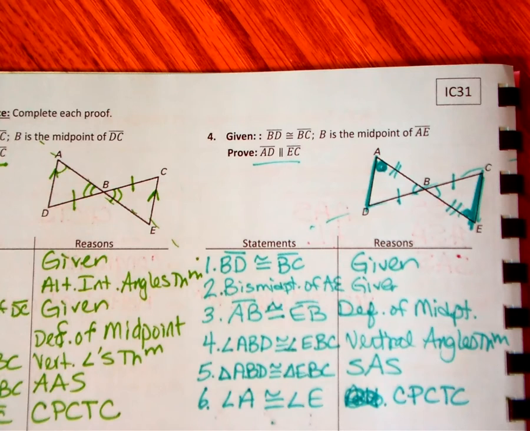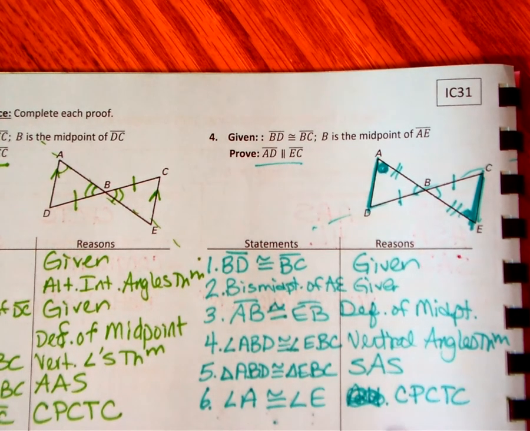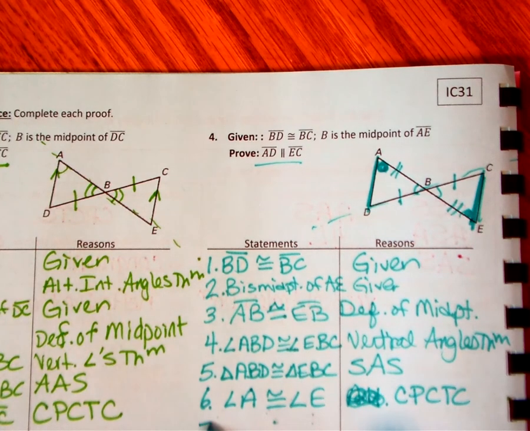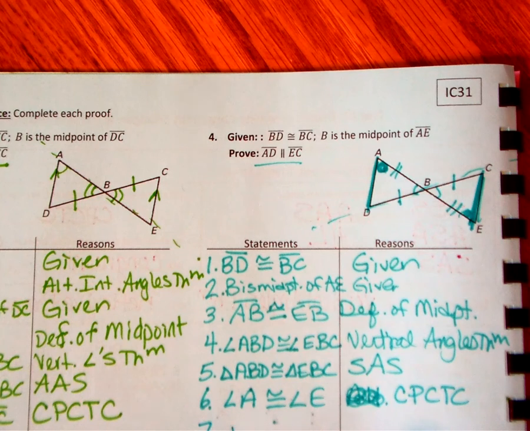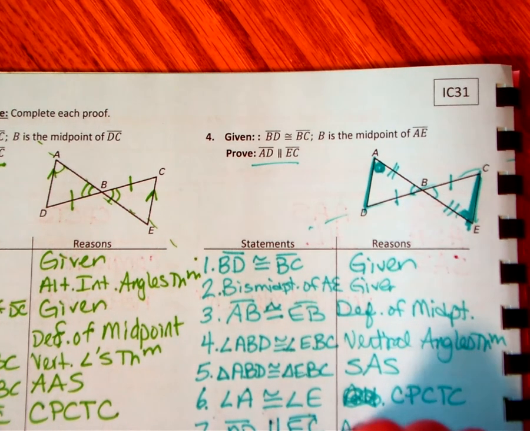Corresponding parts of congruent triangles are congruent once the triangles are congruent. And because angle A and E are congruent, I can say AD is parallel to EC by the alternate interior angles converse.